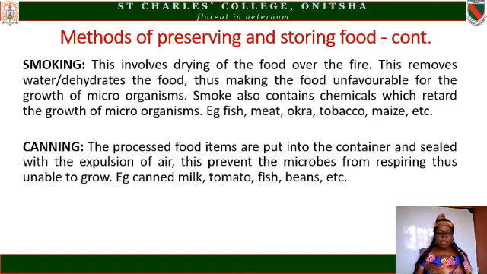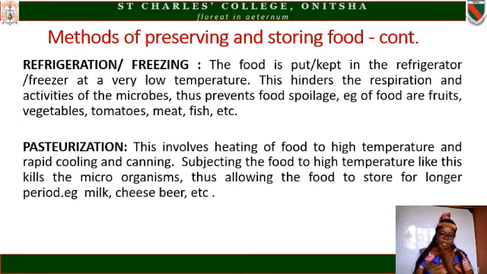So we use this method in preserving milk, tomato, fish, beans. You'll be seeing all these things we use in making salad. You have sardine, tin meat, baked beans, and the rest of them. So they store well. They don't damage or waste.